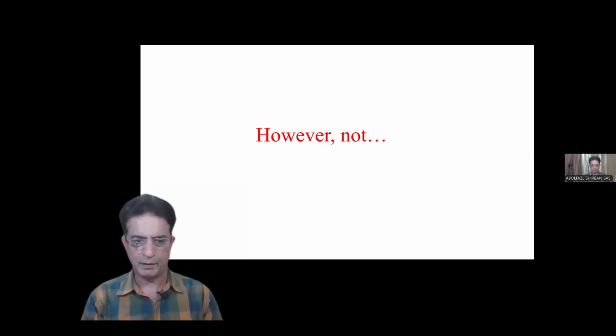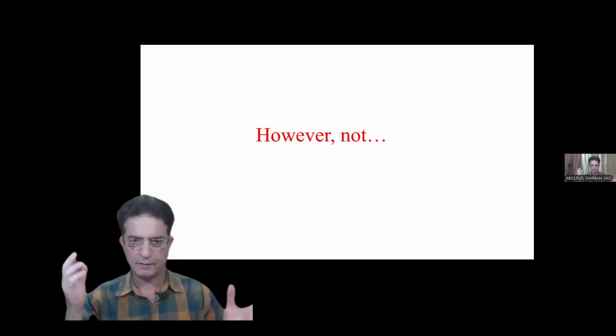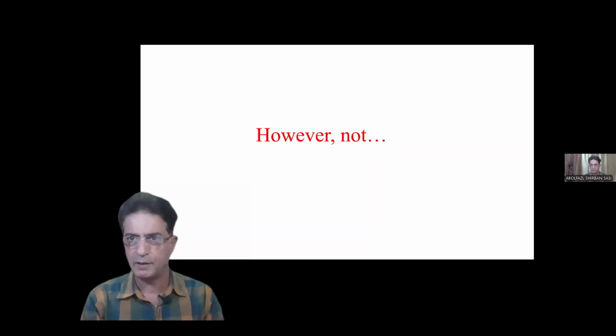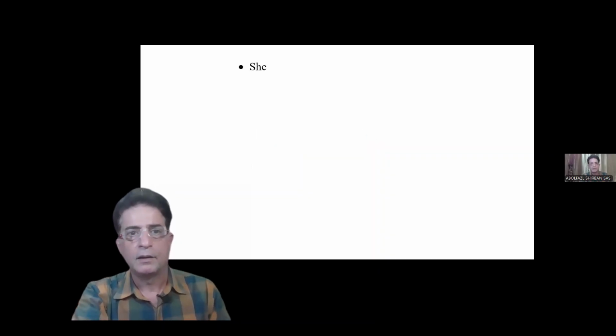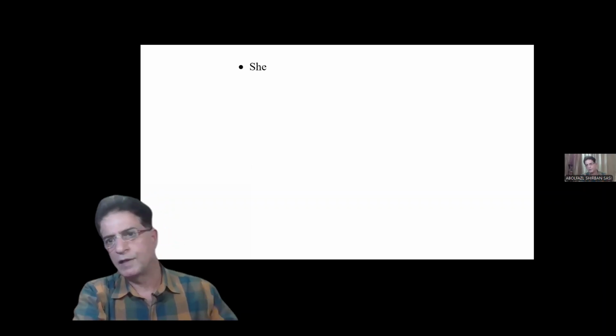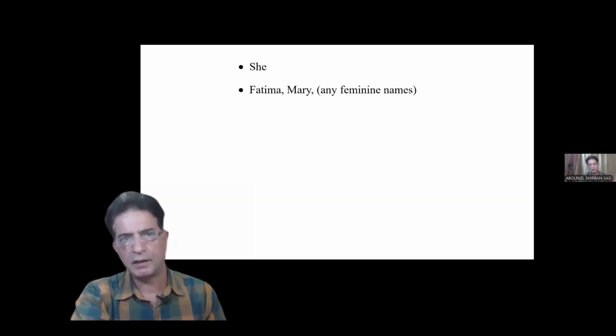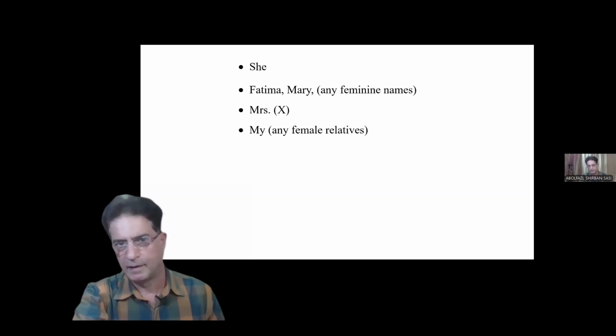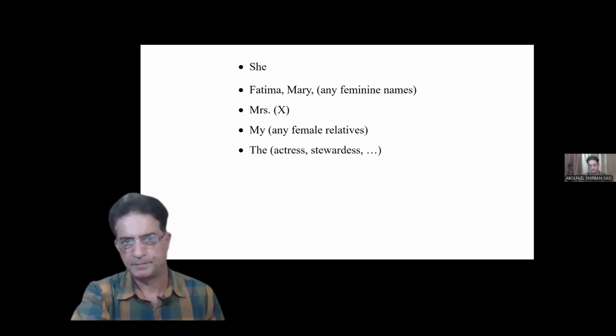You might say, when it is imagination, even the sky is not the limit, and I'm there with you. But let's agree to have two limitations, and I will explain why. Number one, for that picture, I cannot say she. I cannot say Fatima, Mary, Mrs. X, or any female relative.